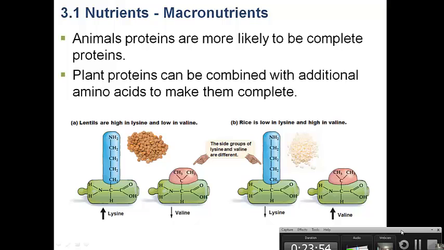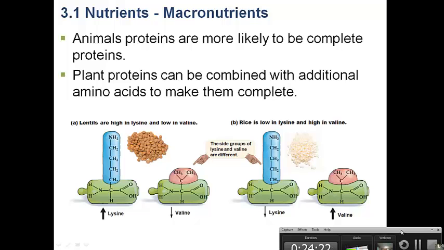It would be very easy as a vegetarian to not take in all of the essential amino acids that you need to survive. It can be done, it's just that it requires a little bit more work and research and care and attention to what you're eating, as opposed to just eating a diet that contains meat, because that meat is more likely to contain all of those essential amino acids.